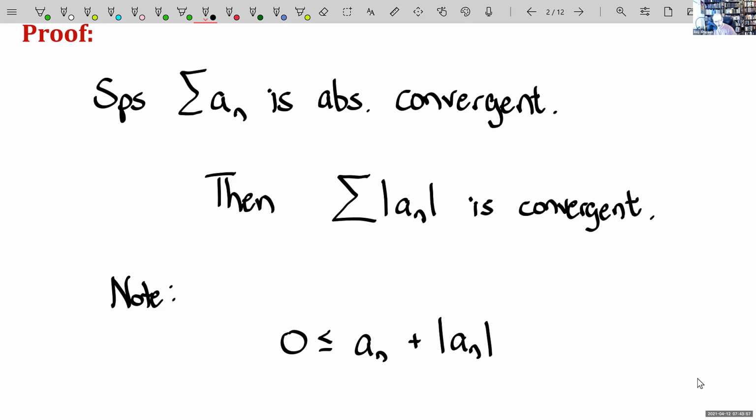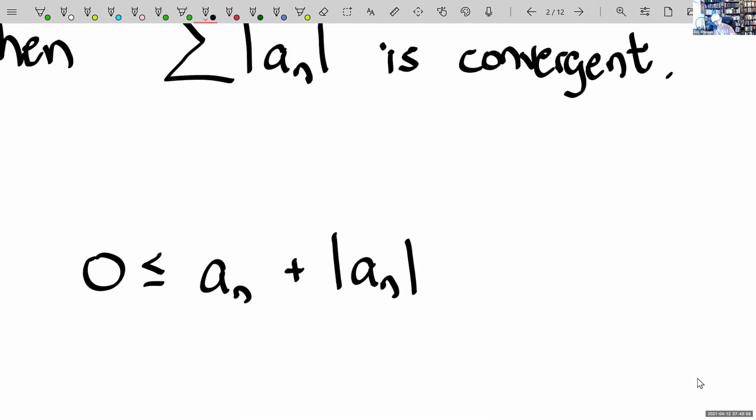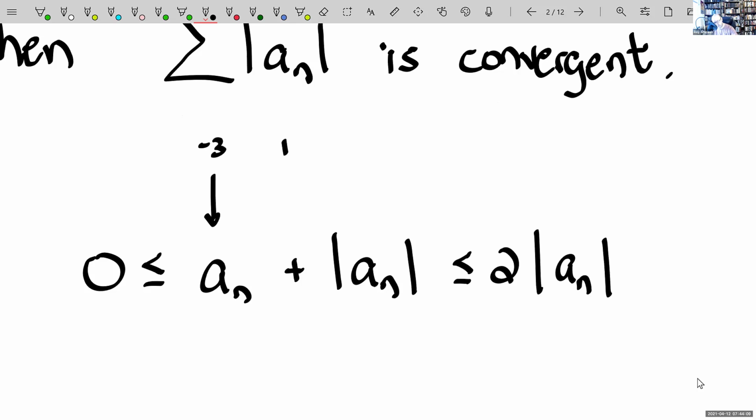Also, it's going to be less than or equal to twice the absolute value of that term. Again, think about it. If a sub n were -3, and therefore the absolute value of a sub n is the absolute value of -3, you add those two up, -3 plus 3, it's 0.